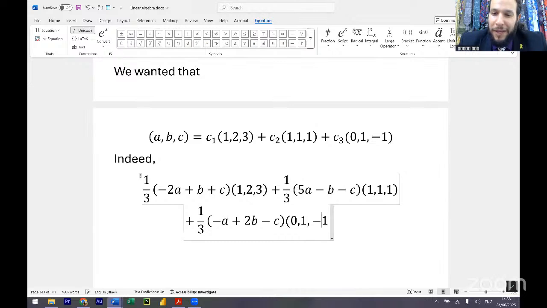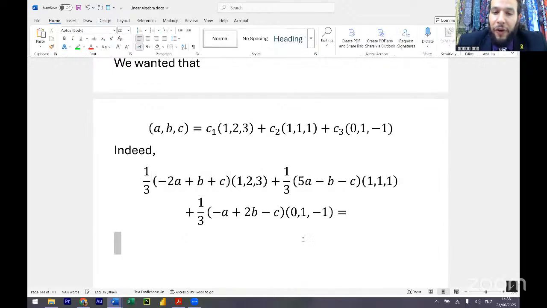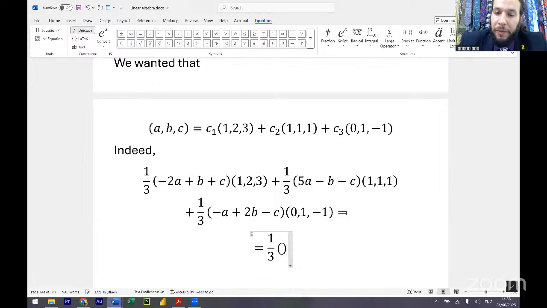0, 1, minus 1 equals, and now this is confusing because this sometimes looks to students as a vector as well. But this is not a vector, this is a scalar. It's a complex formula for the scalar, but altogether it's a scalar. So we multiply it by all coordinates of the vector. And what do we get altogether? So let's take a third out as a common factor from everything. And what do we have?